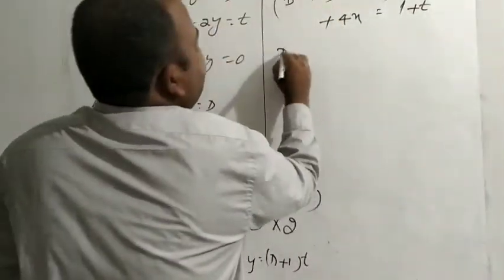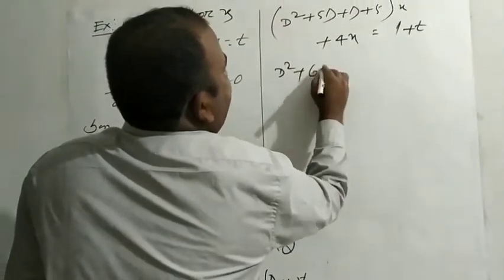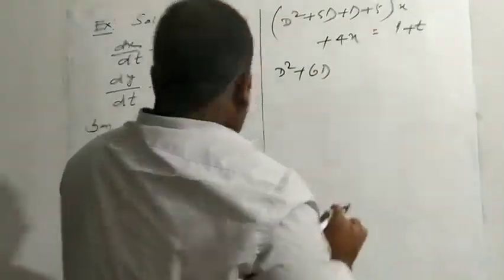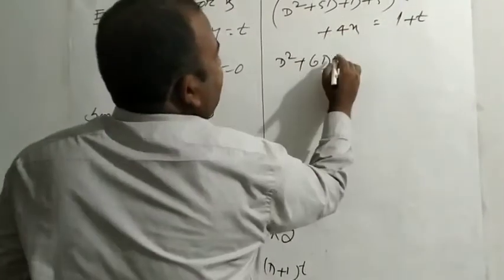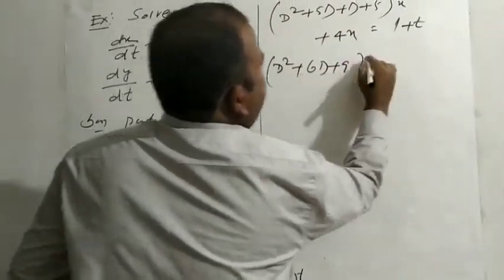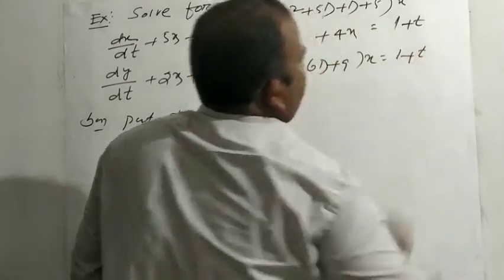So this is D squared plus 6D, and 5 plus 4 is 9, into x equals 1 plus t.